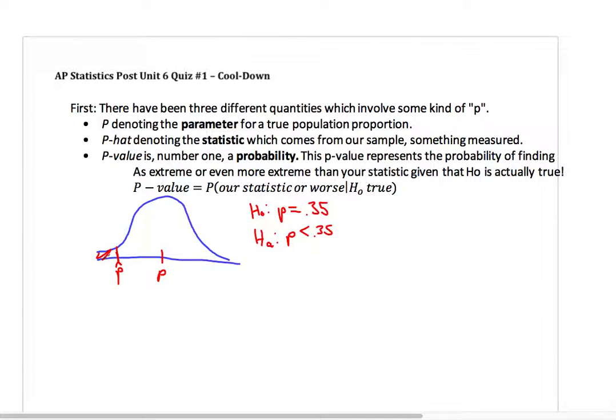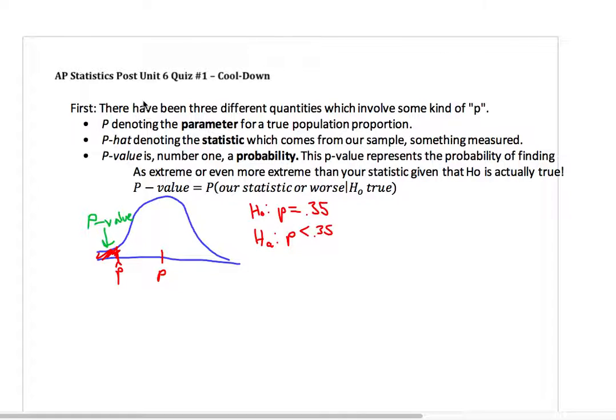It looks fairly unlikely. So the p-value is this percentage right here, this probability. This guy is the p-value, whatever that little red area is. So I guess I should have made it red. But anyway, I think you get the point that the p-value is that percentage.